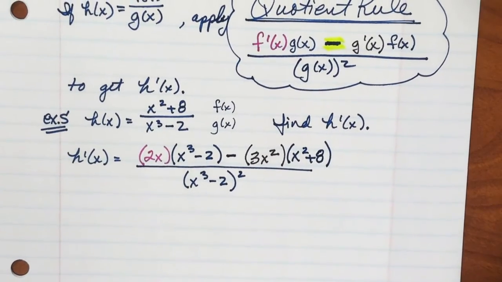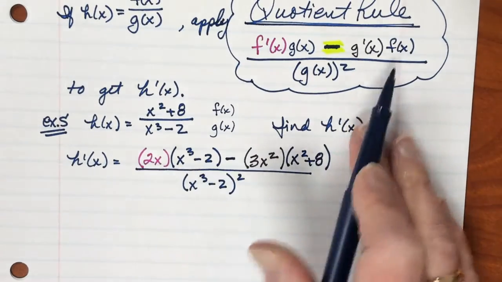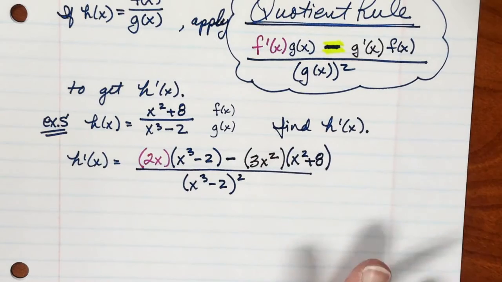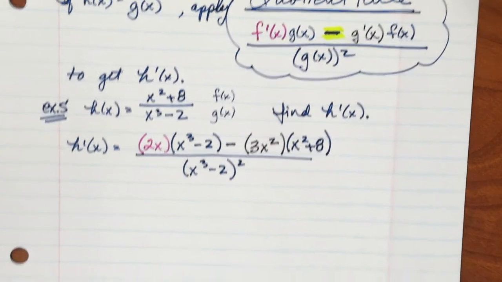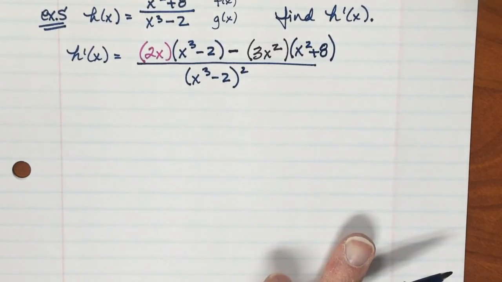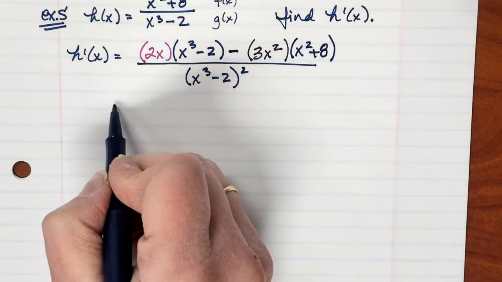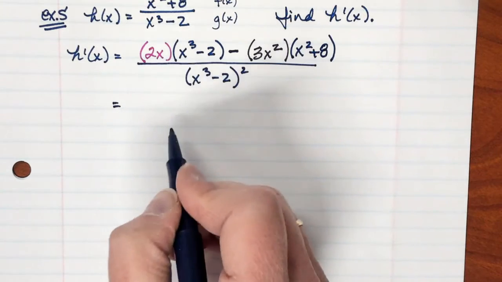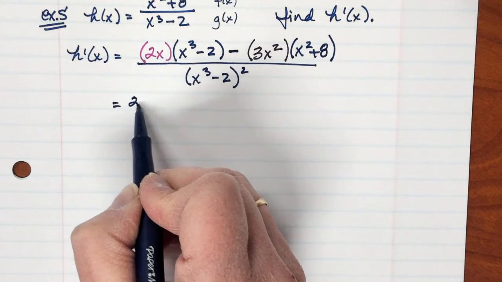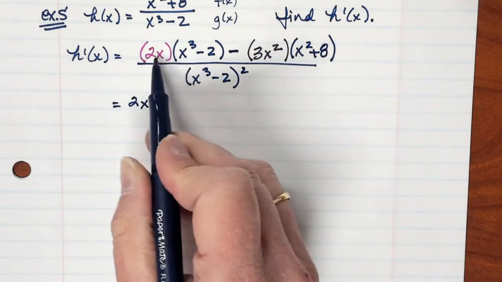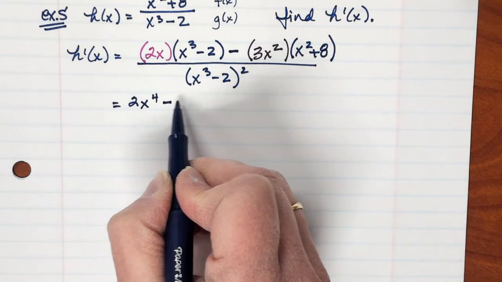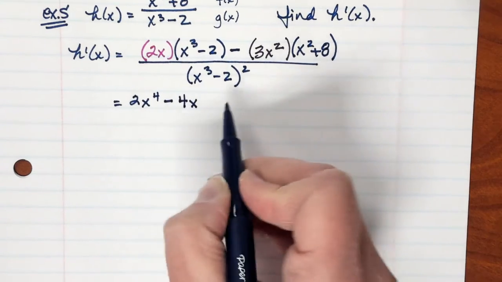Okay, I'm going to scoot this up because now we have the derivative. Now we have the hard part done. We've remembered the formula. We've got the derivatives done. Now we get to play with the algebra. Okay, we're going to distribute the numerator and combine like terms. So 2x times x cubed is 2x to the 4th. 2x times a negative 2 is negative 4x.